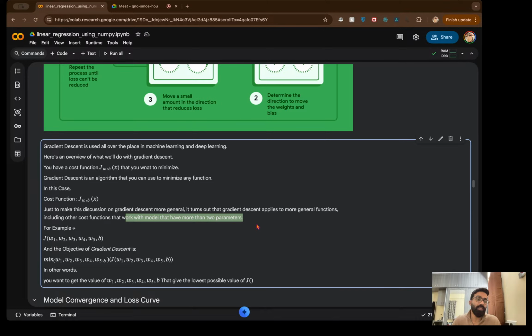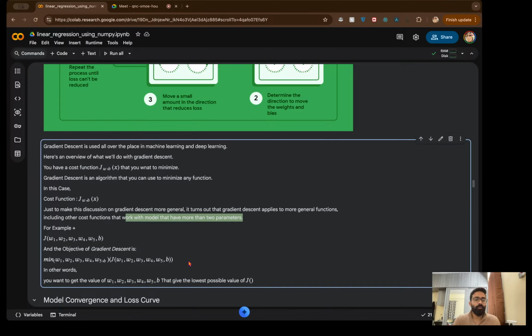So what will be the function of that model? It will be somewhat like y hat equals w1 x1 plus w2 x2 plus w3 x3 plus w4 x4 plus b. Correct?